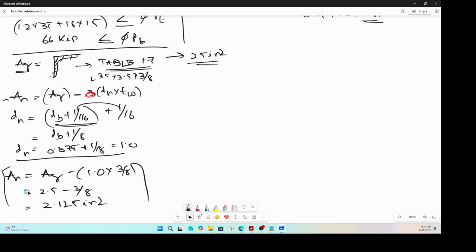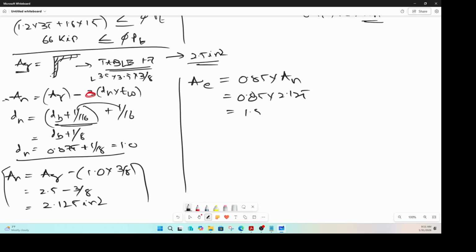Once you know A net, you have to calculate AE as 0.85 times A net. That is what is given in the problem. So 0.85 times 2.125, roughly 1.80625 inch square. So that is your AE.